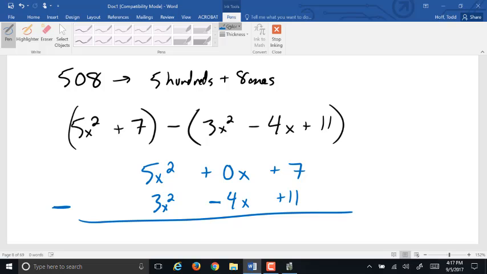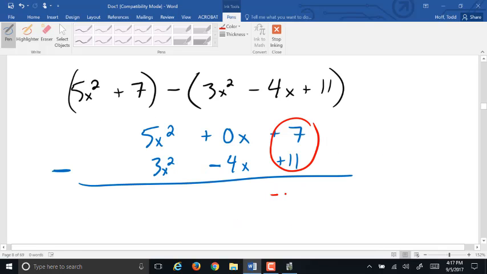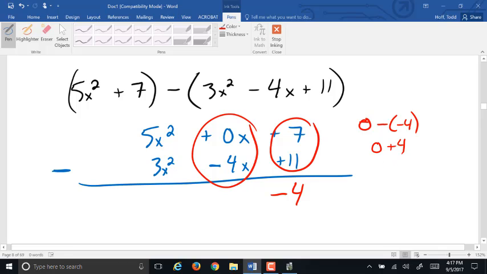And we are still subtracting. 7 minus 11 is negative 4. 0 minus a negative 4 is 0 plus 4, which is positive 4x. And 5x squared minus 3x squared is 8x squared.